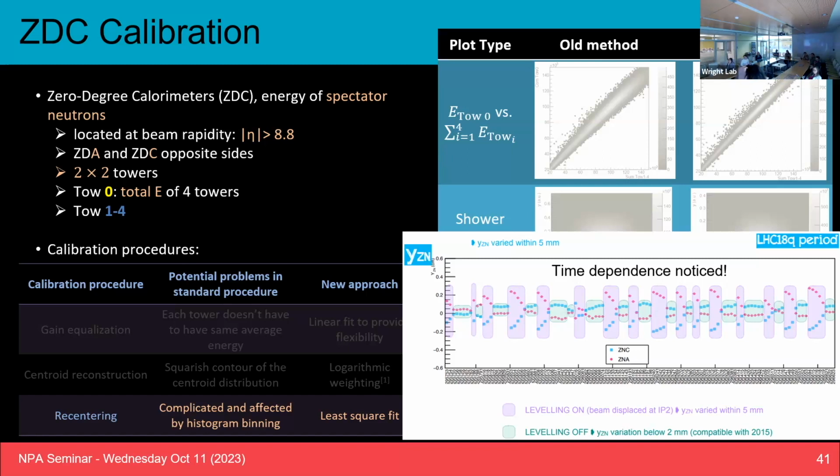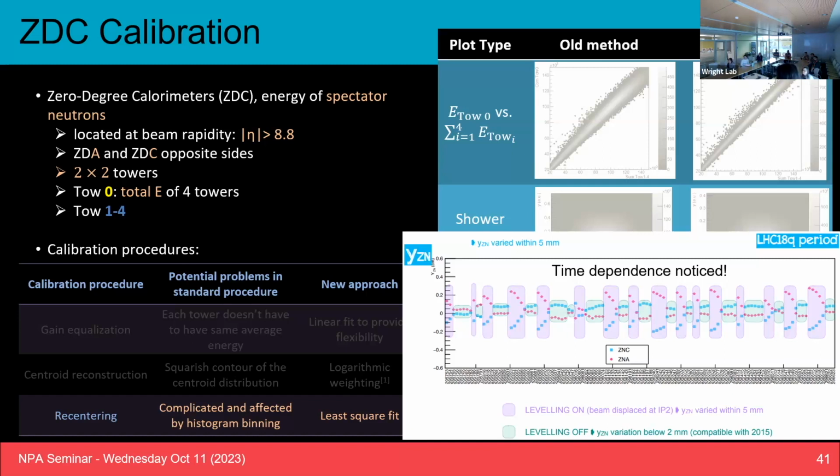It's very complicated. Also in 2018, you can see that this is the average spot on the X and Y positions. Actually, during the beam run, it changes when you have the leveling on. The leveling changes the beam hitting on the VDC. And it's very high dimension if you do this, and you can really run out of statistics.